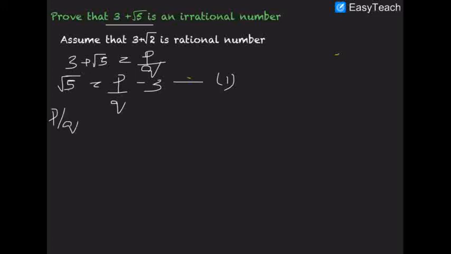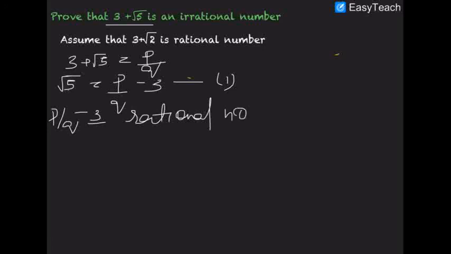Since p by q is a rational number, p by q minus 3 will also be a rational number. How is it? We know that p by q is rational, and 3 is also rational. When we subtract a rational number from a rational number, the answer will also be rational.